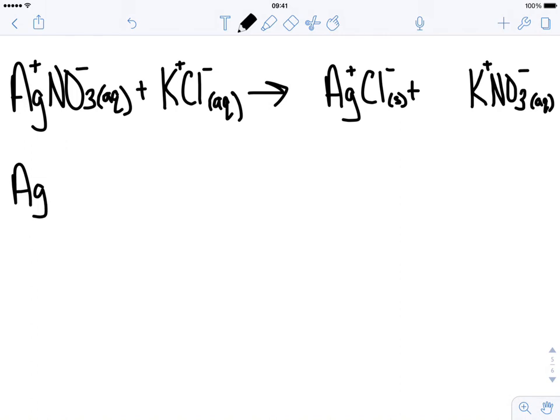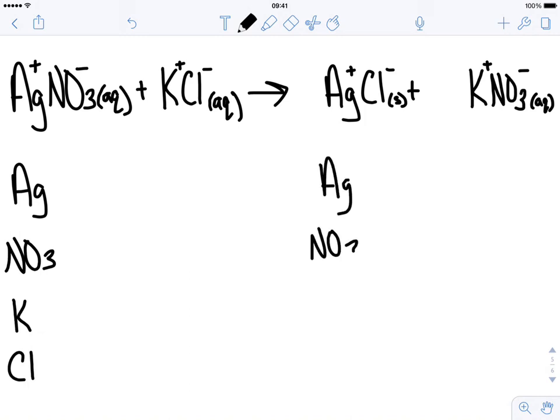So instead of breaking apart the nitrogen and the 3 oxygens, I'm going to keep it as nitrate. It will make balancing these types of equations so much easier. Okay, so if we look, we have 1 silver, 1 nitrate, 1 potassium, 1 chlorine, and on the product side we have 1 silver, 1 nitrate, 1 potassium, and 1 chlorine. Okay, so this equation is balanced.